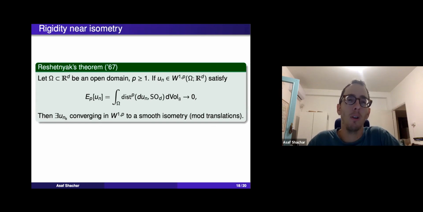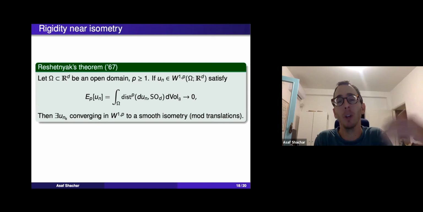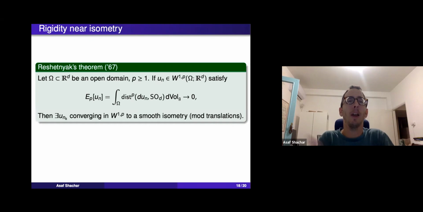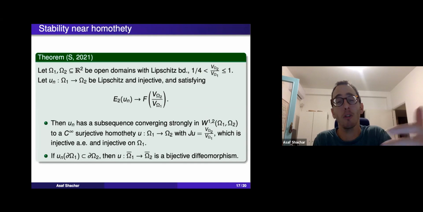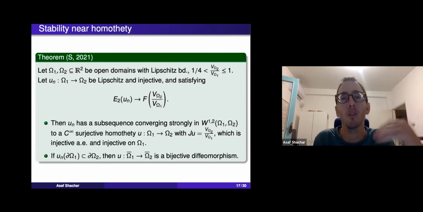So if you get closer and closer to having zero distortion, then you need to converge to an isometry. In other words, if your energy converges to the energy of an isometry, you have a subsequence converging to an isometry. And the statement I showed before was an analogous statement, which says that when the energy converges to the energy of a homothety, then the sequence must converge, up to a subsequence, to a homothety.